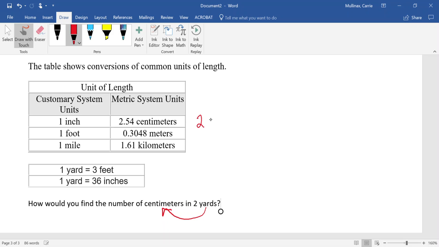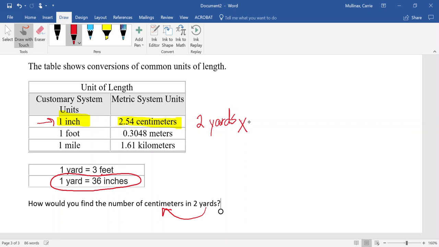So I'm going to have to do more than one conversion factor because I have to start with yards. Here's centimeters. So I can use inches and centimeters. But first I would need to get from yards to inches, and they do give me that here. So once I can go from yards to inches, then I can use my inches to centimeters.